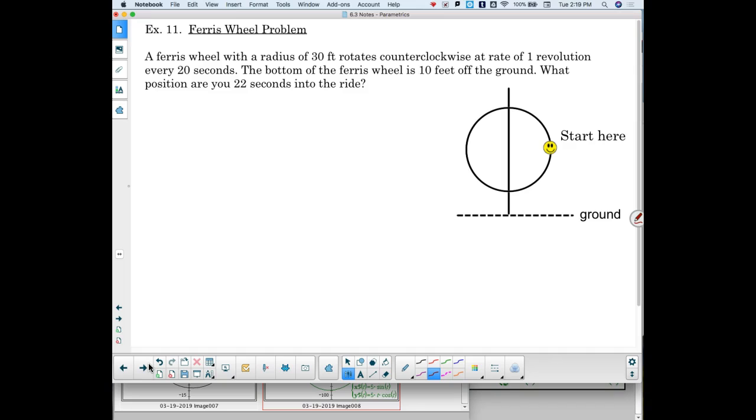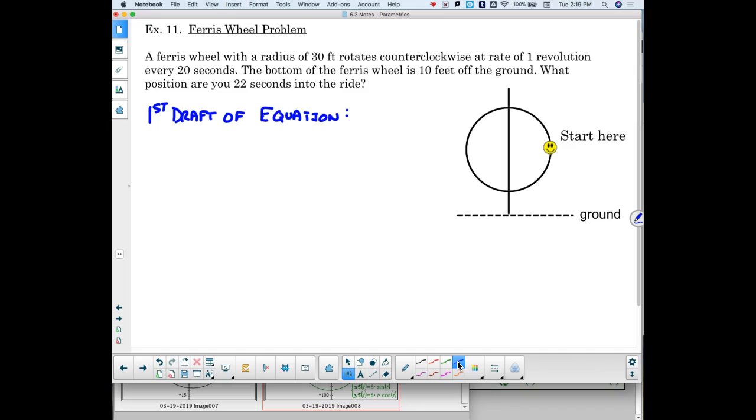Let's come up with our first draft of our equations. And let's stay in parametric mode. Okay, let's make a parametric of this.